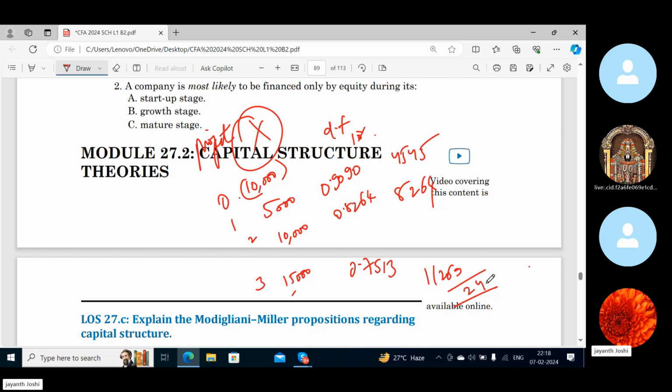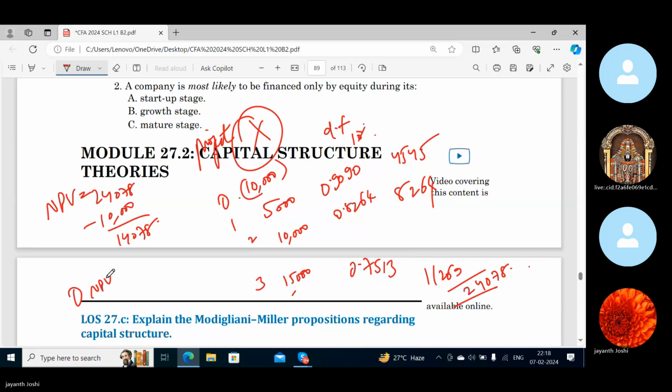So I'm getting 24,078. Definitely my NPV is 24,078 minus 10,000, so 14,078 positive NPV. This is at 10%. Am I getting zero NPV? No, I'm not getting it. Since I'm not getting zero NPV at 10%, 10% cannot be my IRR.